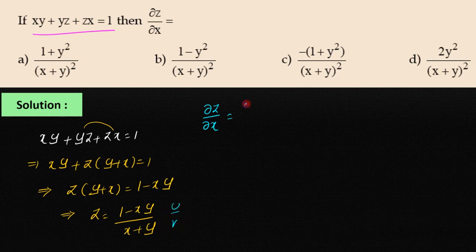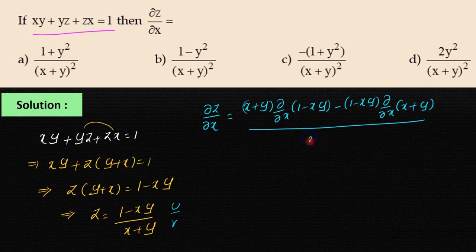Now applying u by v rule, v into, that is x plus y into dou by dou x of u, 1 minus xy, minus u, that is 1 minus xy into dou by dou x of v, that is x plus y, divided by v square, that is x plus y whole square.